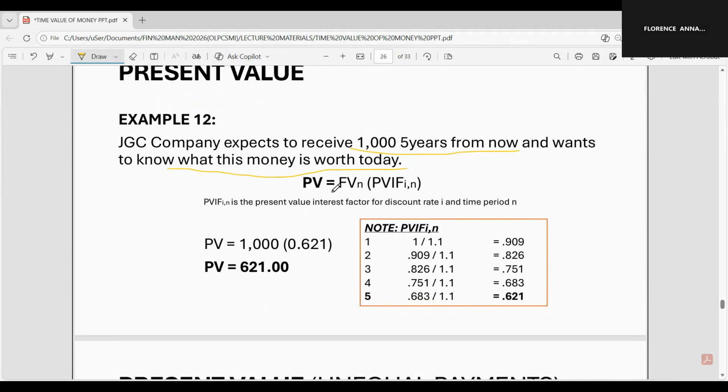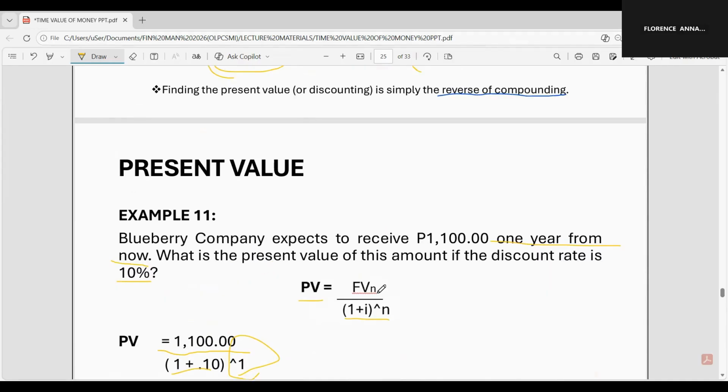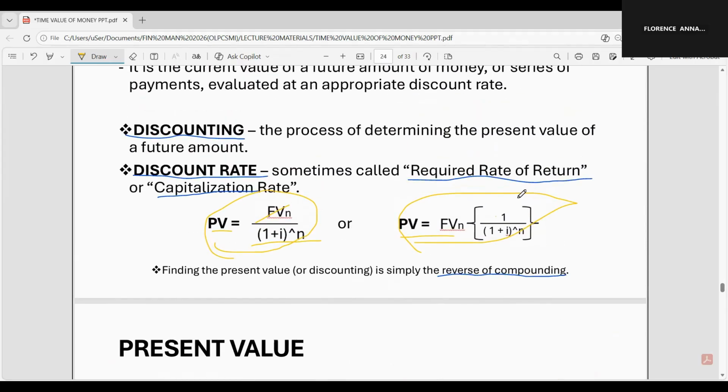So, to get your present value, you just multiply your future value at the end period with your present value interest factor or your FVIF for discount rate I and time period N. So how do we get your FVIF? That is the reciprocal of your FVFA, which is 1 divided by 1 plus I raised to n.